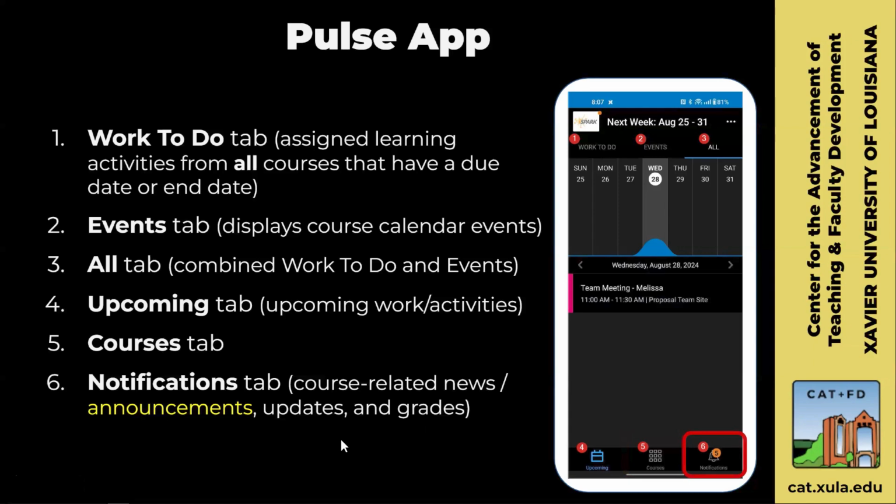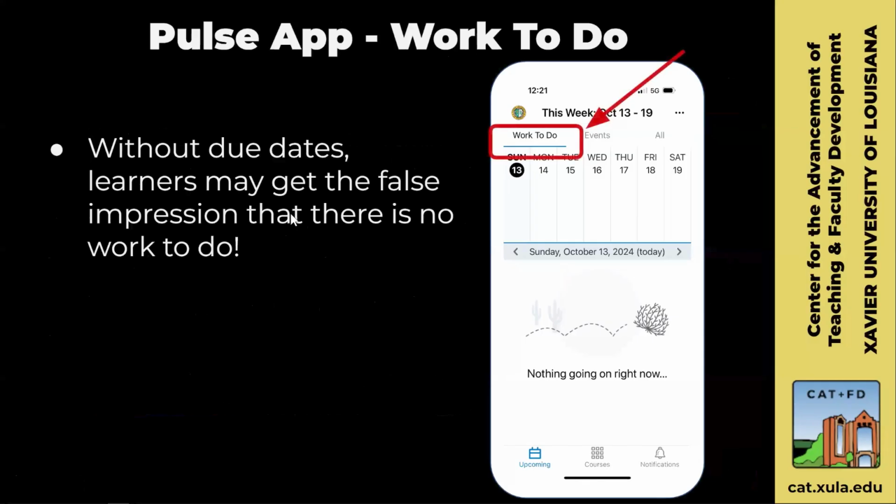All of that comes in under the notifications tab. So without any due dates, if the student is looking at what's upcoming under work to do, they may get the false impression that there is nothing to do, right?